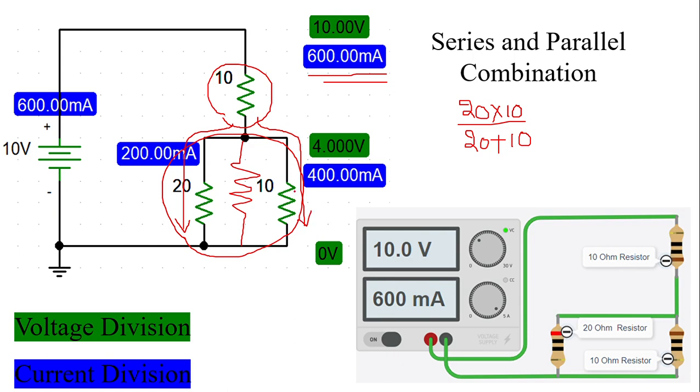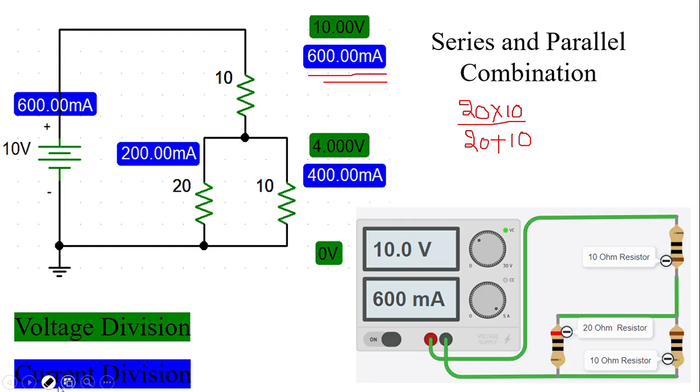In whichever branch the resistance is more, the current through that branch will be less. In whichever branch the resistance is less, the current through that branch will be more. These two are in parallel with each other, so the voltage drop across these two will be the same.